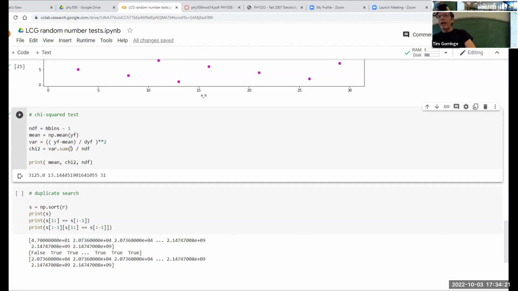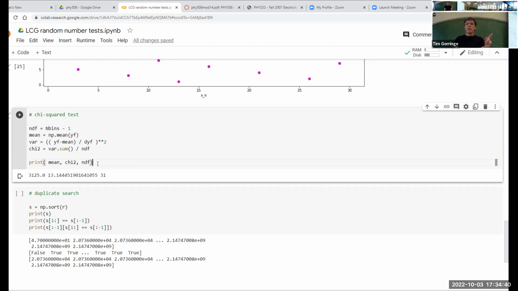I'm adding all that up, summing it up, divided by the number of degrees of freedom, which is the number of points minus 1. That gives me the chi-squared. So this here is the chi-squared test. And then I'm just printing out the values in my calculations.